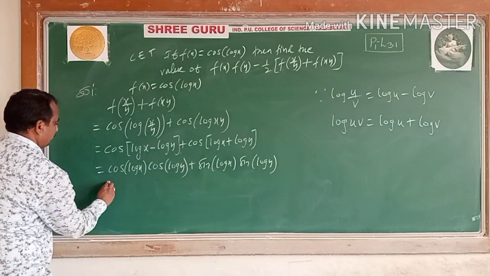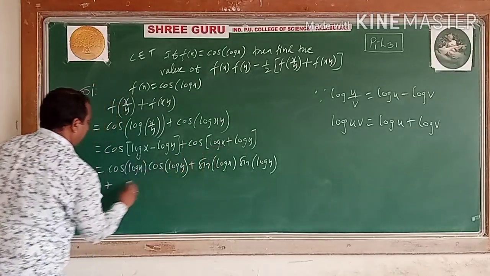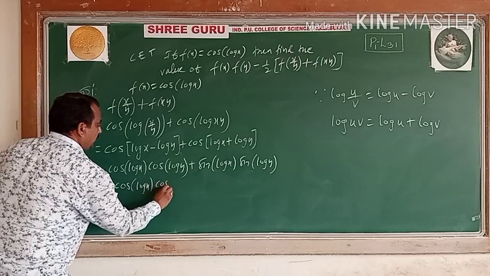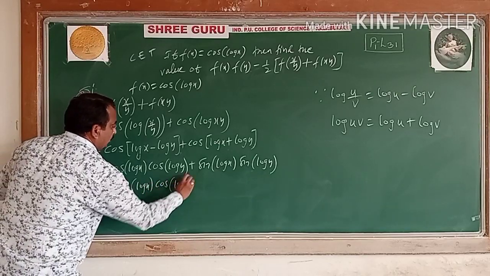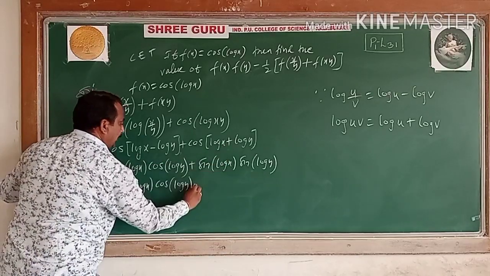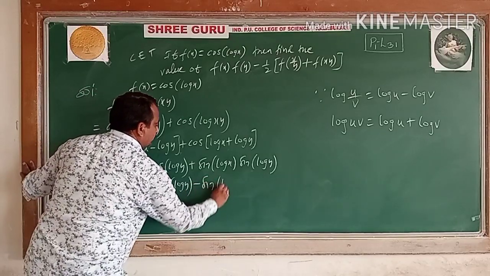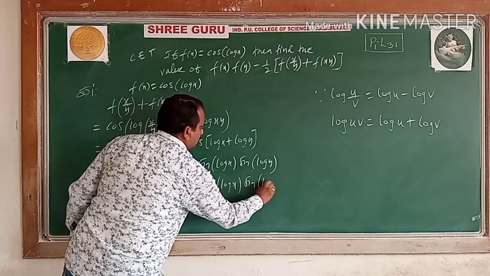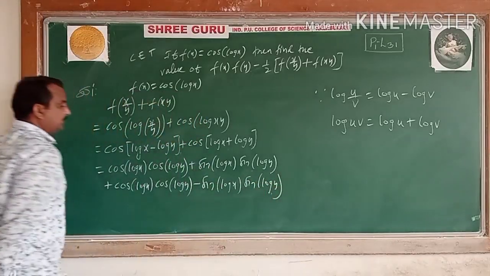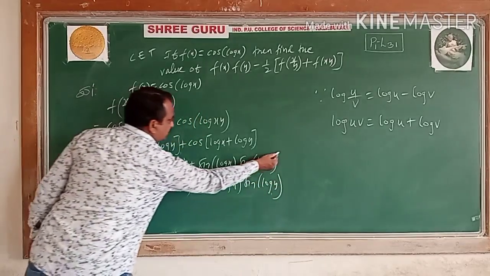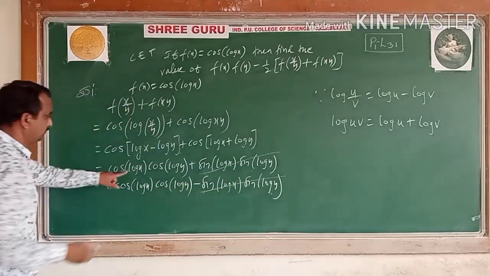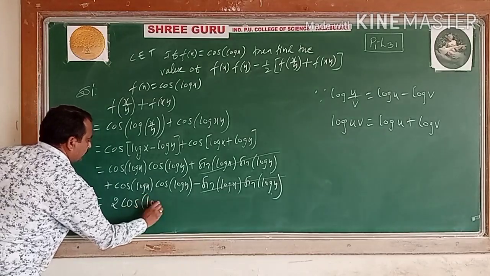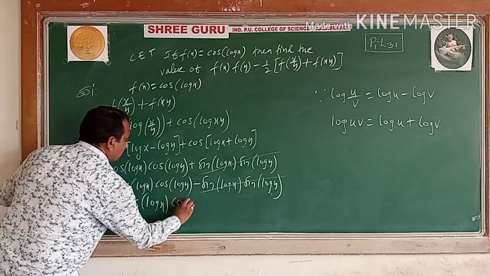Similarly this one, cos of x plus y is cos x cos y minus sin x sin y, where x is log x, y is log y. Is there any term that gets cancelled here? This is plus and this is minus, they get cancelled. This term remains here. How much is it? 2 times cos of log x, cos of log y.